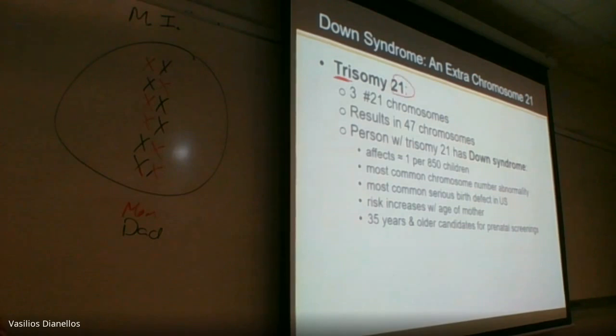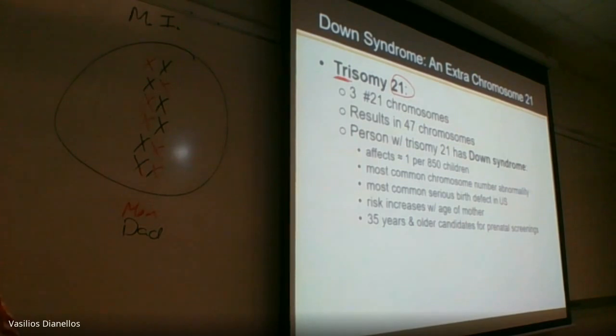Obviously, if you have 1 extra chromosome, then instead of 46 chromosomes, what's 46 plus 1? 47, right? Your book goes into detail about Down syndrome, and we'll talk about it, but I won't ask you about this. It does affect 1 out of every 850 children. That's according to your book, and I don't remember what kind of detail your book gets into. It's another independent work question if you want: is that 1 in 850 children in the developed world, or in the United States, or worldwide?